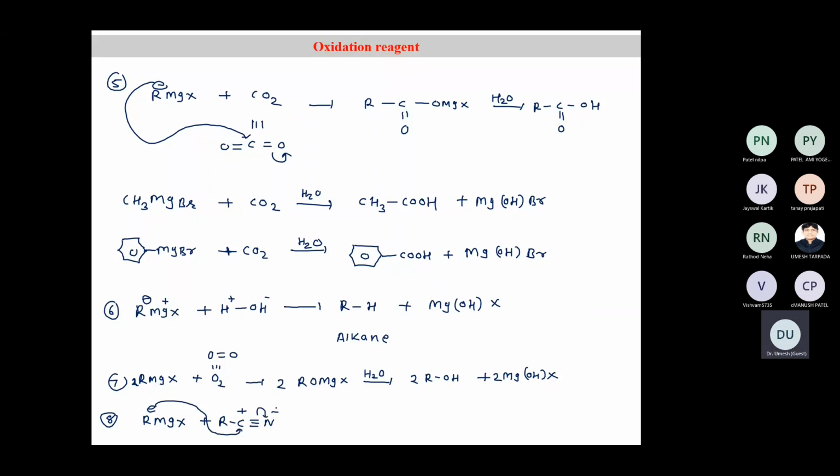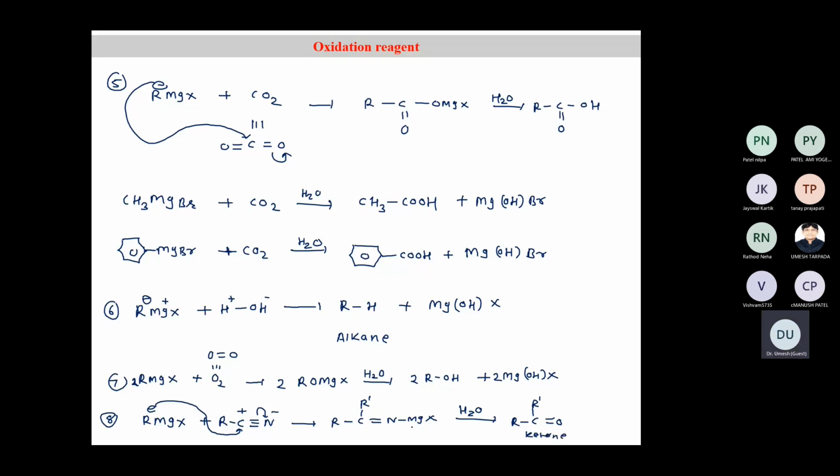It gives imine first, and imine upon hydrolysis, oxygen is supplied here, that gives ketone.